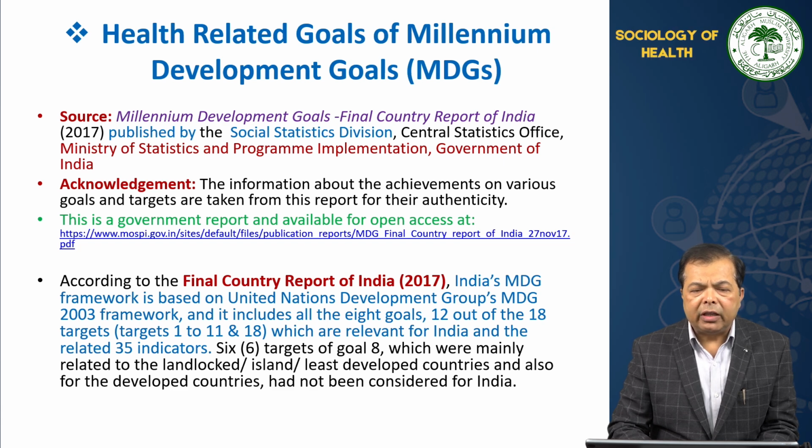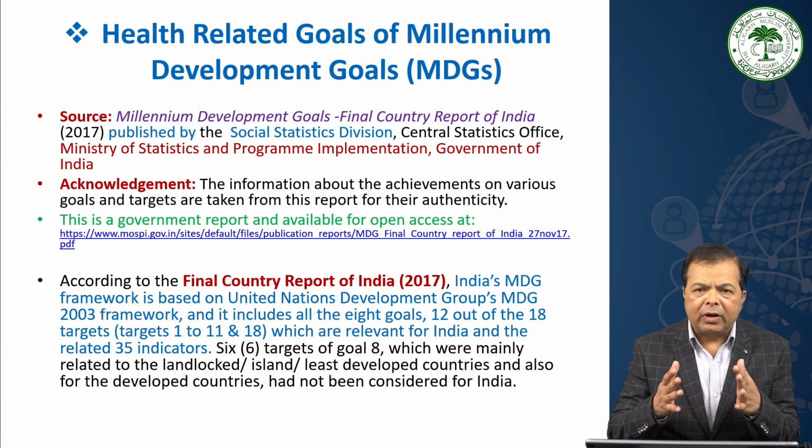Now, what is also mentioned there is that 6 targets of goal 8, which were mainly related to the landlocked, island, least developed countries, and also to the developed countries, had not been considered for India.